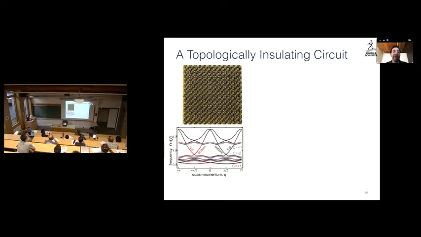And here we have so much magnetic field, right? A magnetic field of pi over 2 per plaquette corresponds to thousands of Teslas in a solid state material, okay? Because to get a flux quantum through a nanometer by nanometer square, you have to have a huge field.